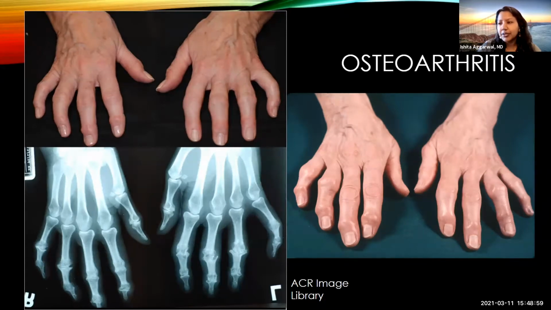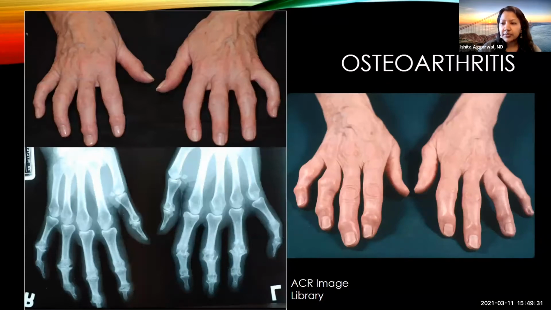For example, mothers and sisters of women with osteoarthritis involving the distal joints are 2 to 3 times more likely to get osteoarthritis in these joints as women who are mothers and sisters of unaffected women. And certain genes encoding proteins of the matrix of the cartilage and bone are also implicated in this, but there has not been any specific mutation identified for the most common forms of osteoarthritis.